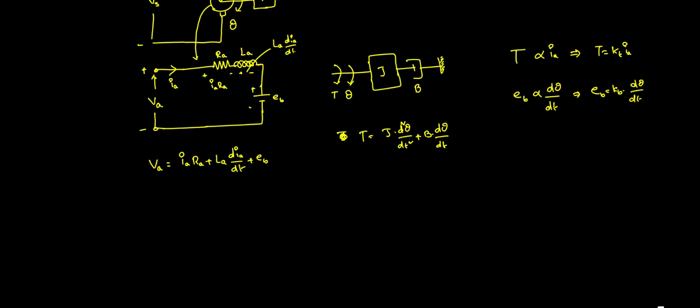Now considering all those things, let us first write the Laplace transform for all of them. Firstly, let us write the transfer function for this. VA of S is equal to IA of S into RA plus LA into S into IA of S plus the back EMF EB of S. Similarly, the torque you can write the same way.